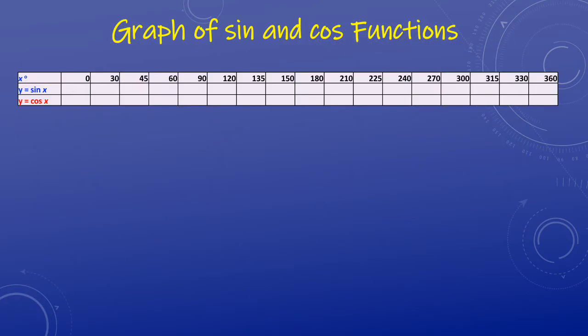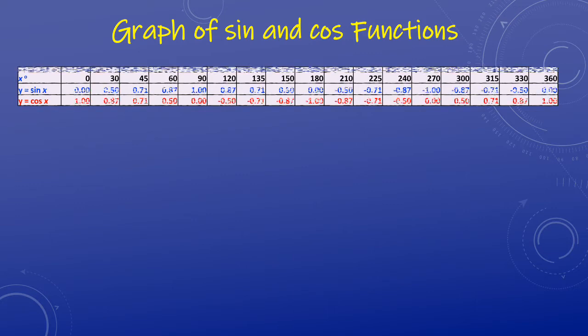You should see a table of special angles and quadrant angles from 0 degrees to 360 degrees. Set your calculator to degree mode and 2 decimal places. Find the sine and cosine of these angles and complete the table.